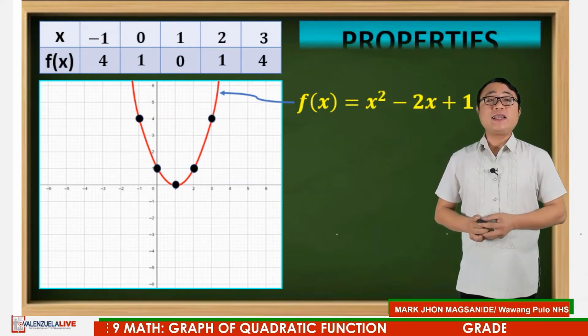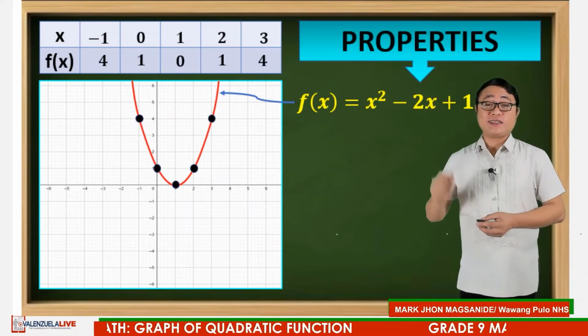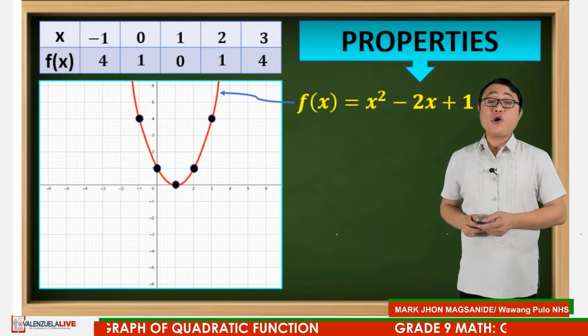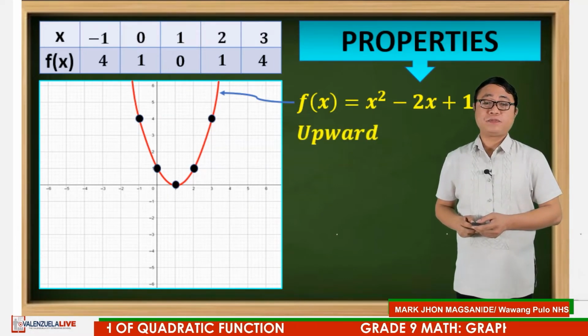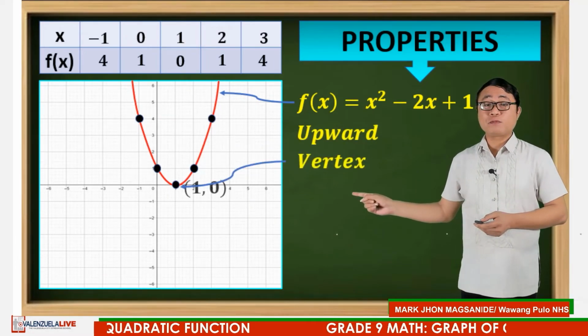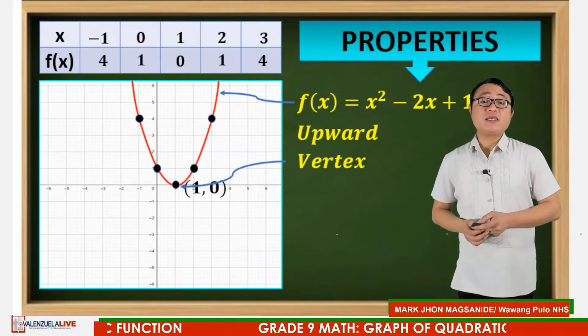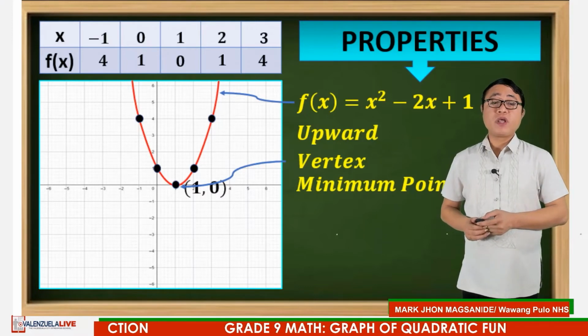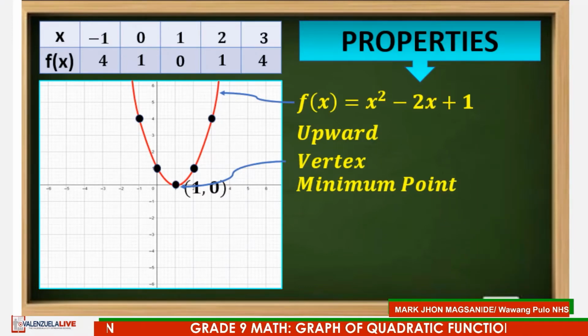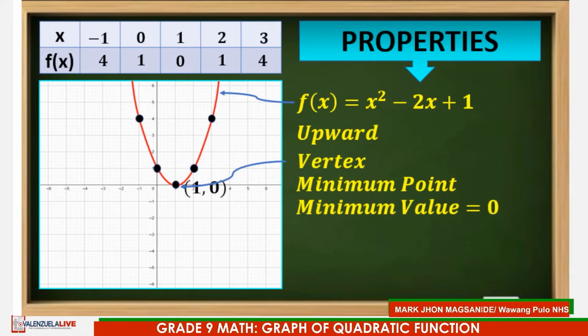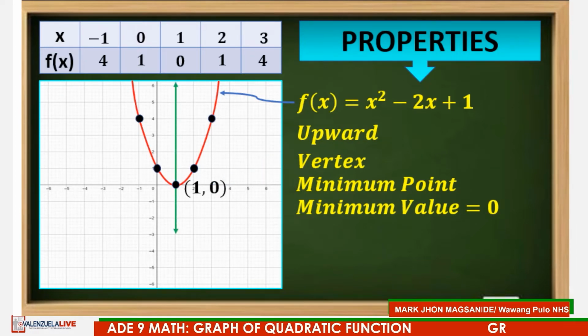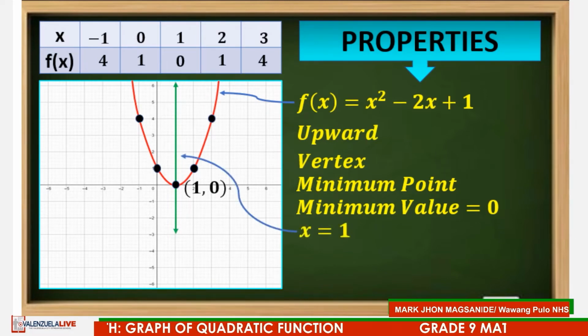We can now identify its properties. The graph opens upward. The vertex is (1, 0). The vertex is a minimum point with a minimum value of, yes, this is 0. The equation of the axis of symmetry is x is equal to 1.